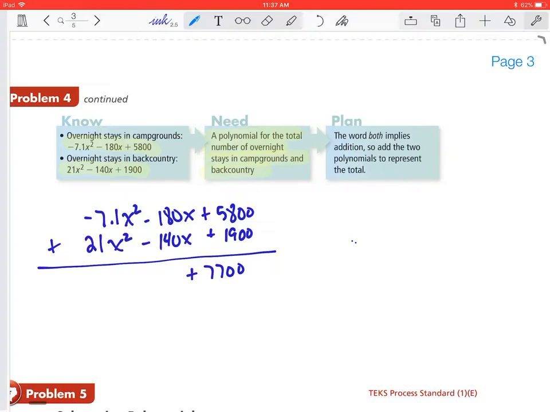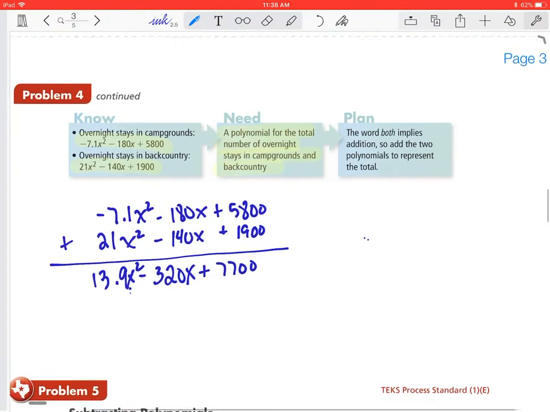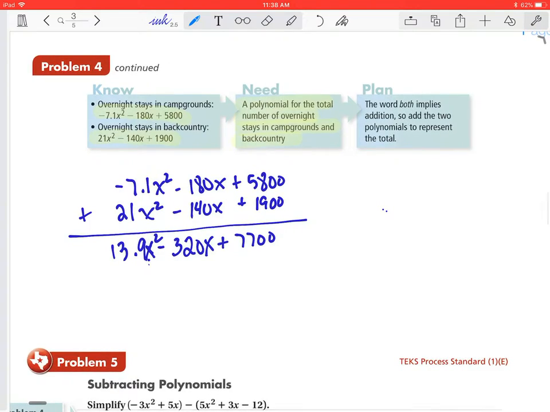So we have negative 180 minus 140, which gives us a total of negative 320x. Then we have the monomials of degree 2. So I have negative 7.1 plus 21, which gives me a positive 13.9x squared. Okay, so that is my final answer.